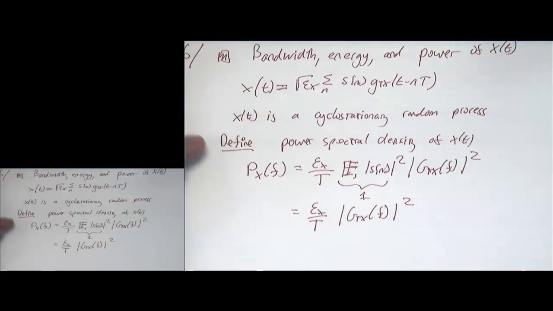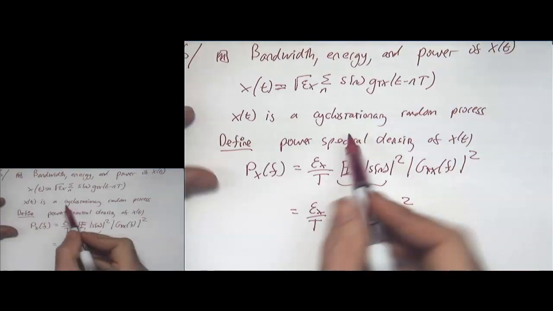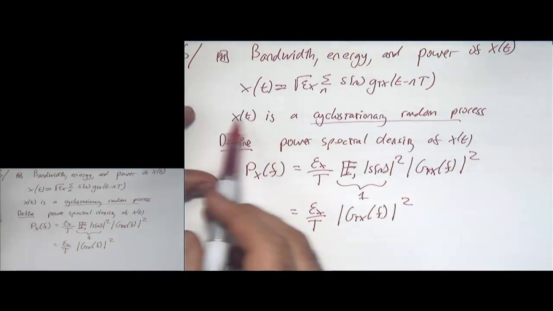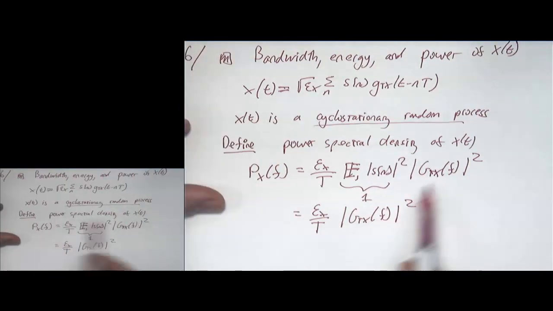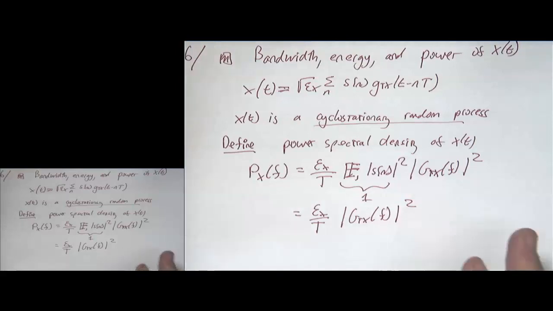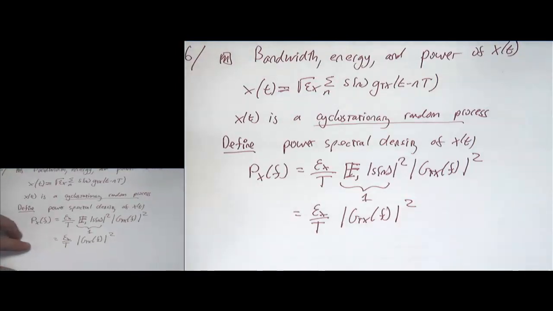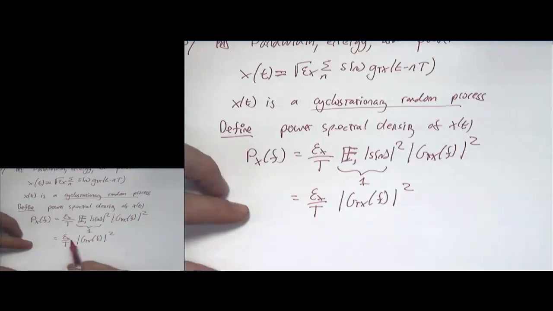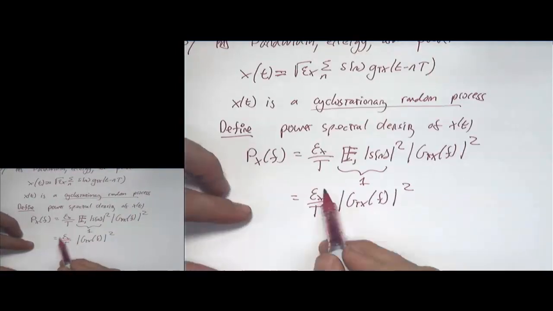Now, the way I've defined power spectral density, even though we're not going through the details, does respect this property here. If you plug this x of t into a spectrum analyzer, you will get something that corresponds to this. So this is a reasonable approach. I'm just not going through all the technical details for it. What this says is two things. First of all, you've got an Ex over T here.